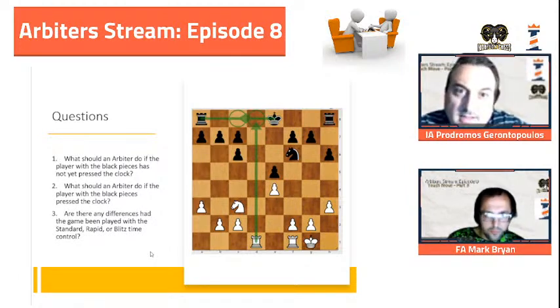It's mandatory to play the black king, for instance to e7 or to f8, in a legal move to a legal square.